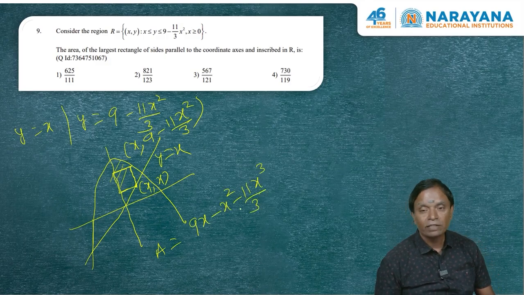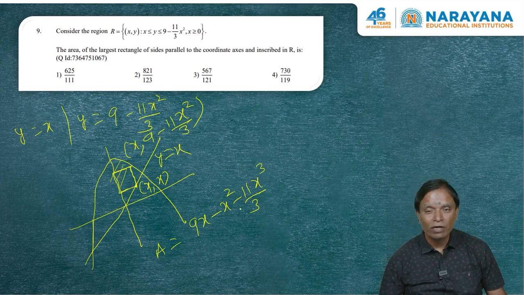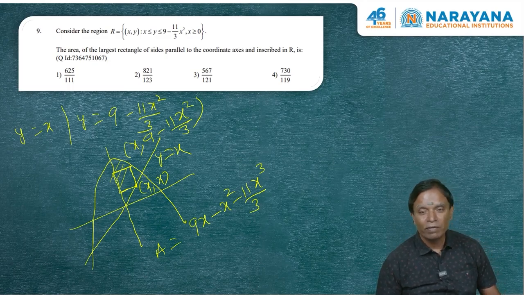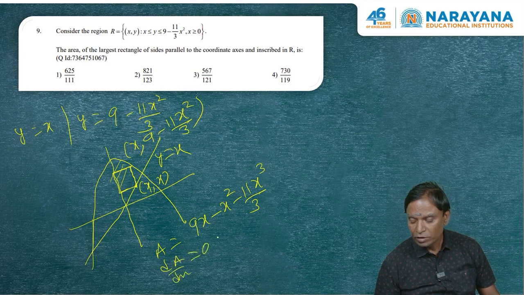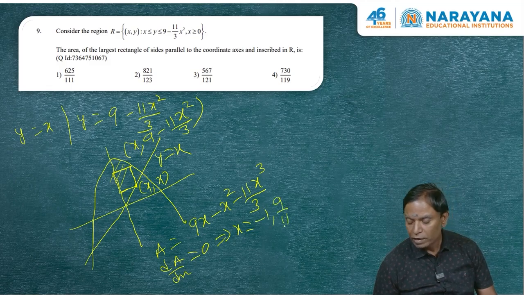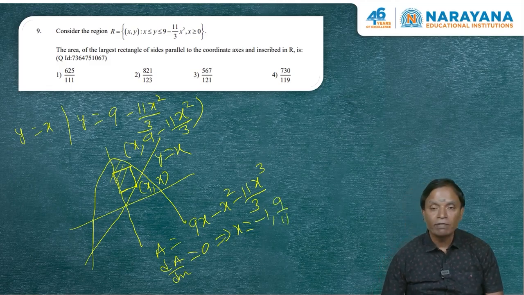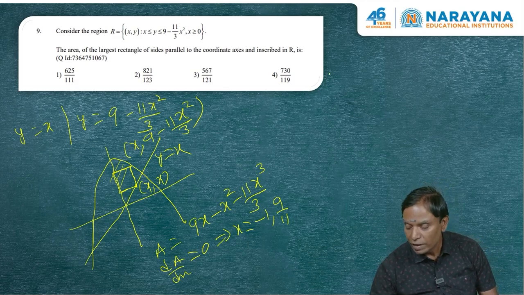Now calculate the maximum area of this. This is a cubic polynomial equation. You can check the point of extrema. You can find dA by dx is equal to 0, which gives you x is equal to minus 1 and 9 by 11. To check at which point it is having maxima or minima, calculate d square A by dx square.